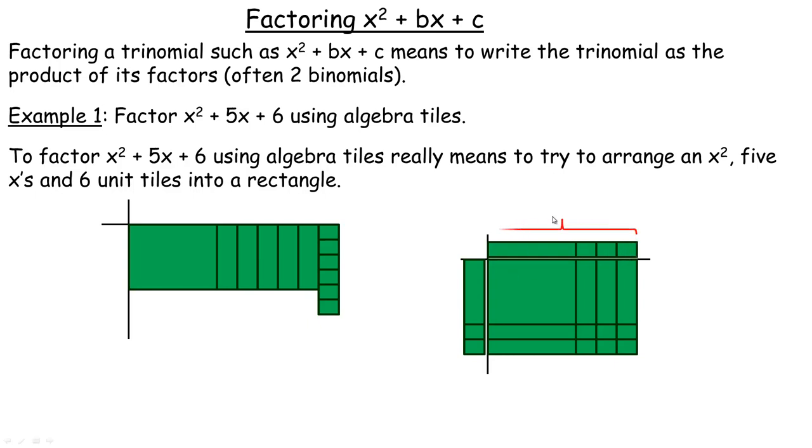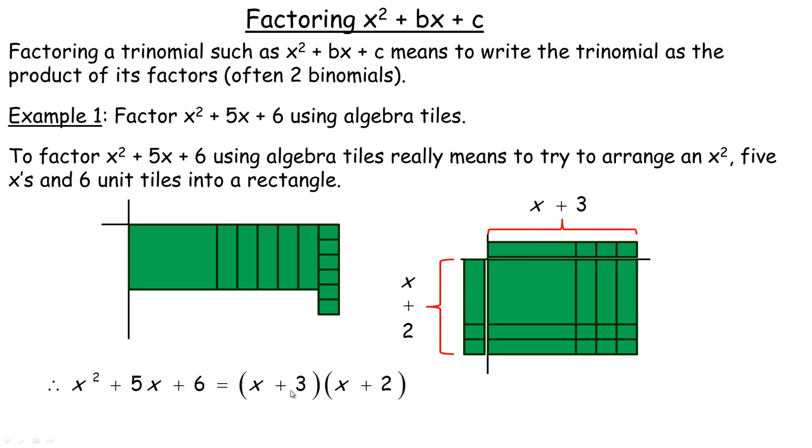So we would call this dimension across the top x plus 3 because it's x plus 3 more. And on the side here, this is x plus 2 more. So the two dimensions are x plus 2 and x plus 3. So that's why x squared plus 5x plus 6 would factor into the product of x plus 3 and x plus 2. And it doesn't matter which you write first. If you want to write the x plus 2 here, the x plus 3 here, it doesn't matter.